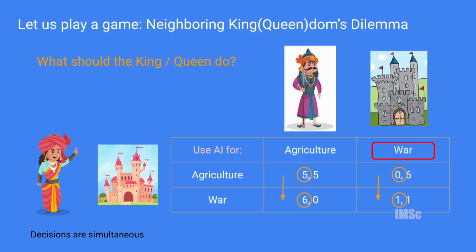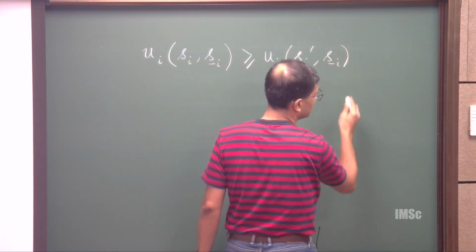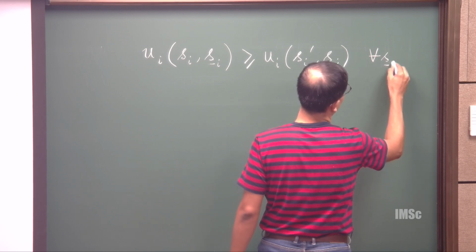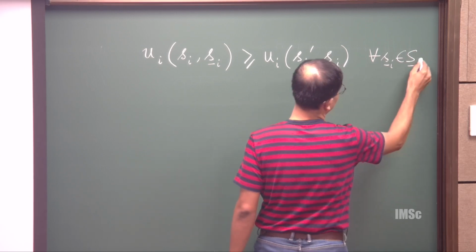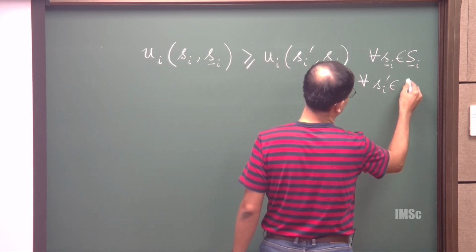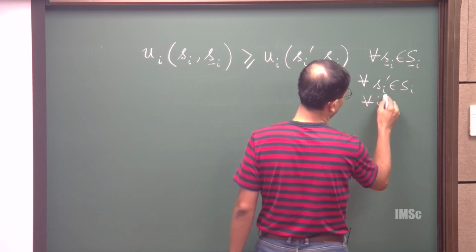So just reminding you that the utility of a specific player when you choose that strategy and other players are choosing some other strategy is greater than or equal to the utility from any other strategy. In this case it is strict, but we do not really need that, we will see. But the qualifiers are important: this should happen for all S_minus_i in capital S_minus_i, and for all S_i prime which is in S_i, and of course for all agents, right.